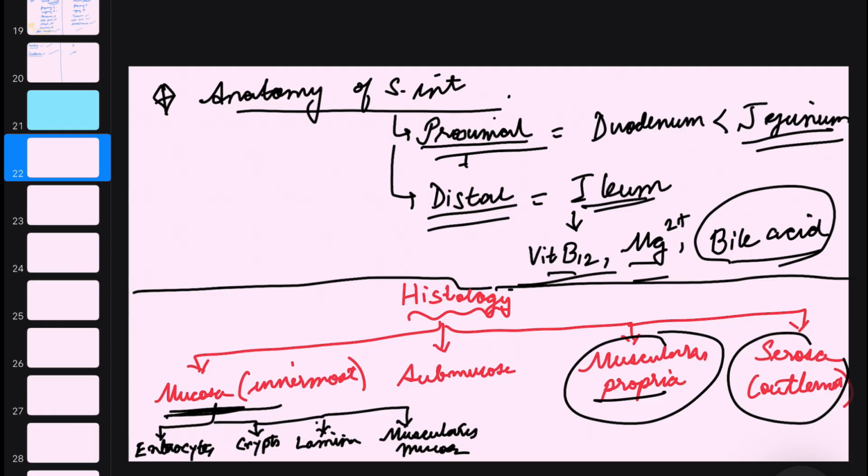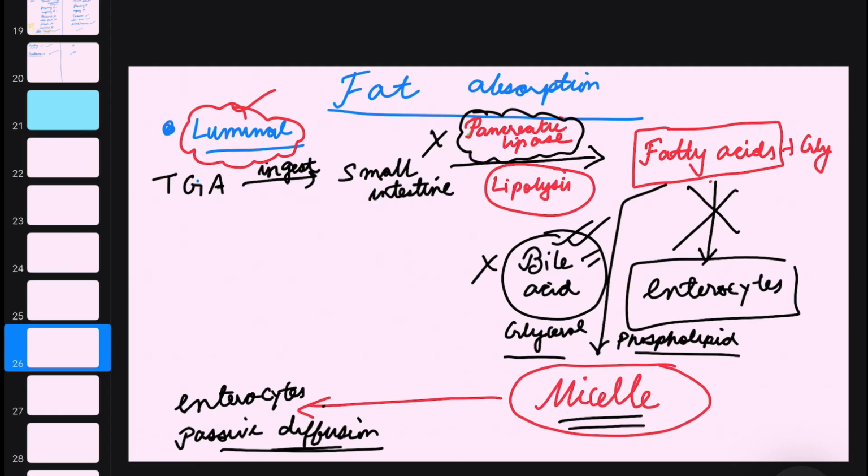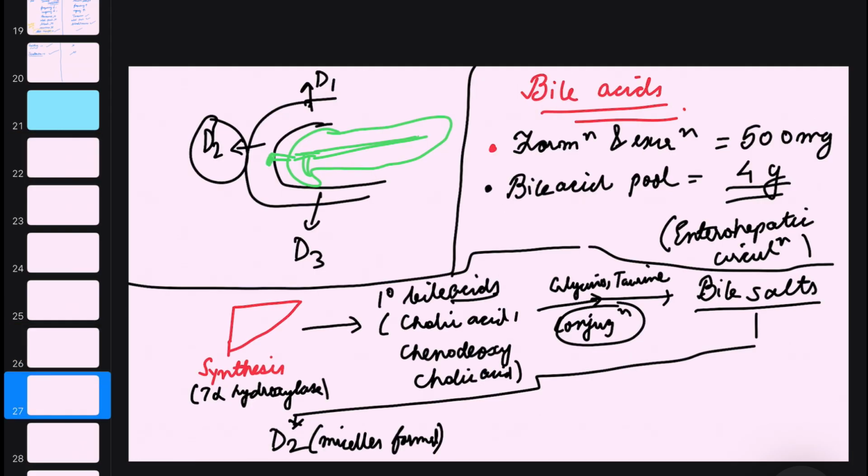So this becomes pertinent to our discussion. Bile acids are reabsorbed in our ileum. So after the duodenum micelle formation and all of that, the bile salts will move on into the ileum, and in the ileum they will be reabsorbed. Where will they go? They will go back via the portal circulation into the liver.